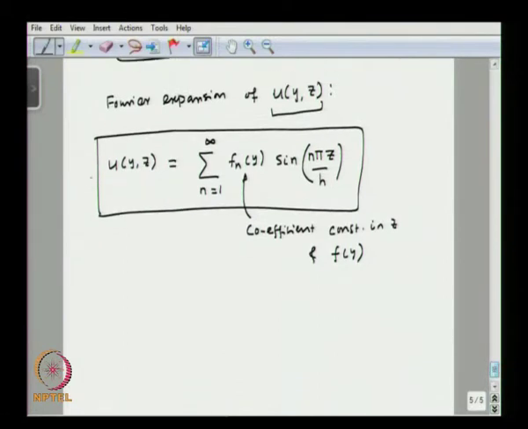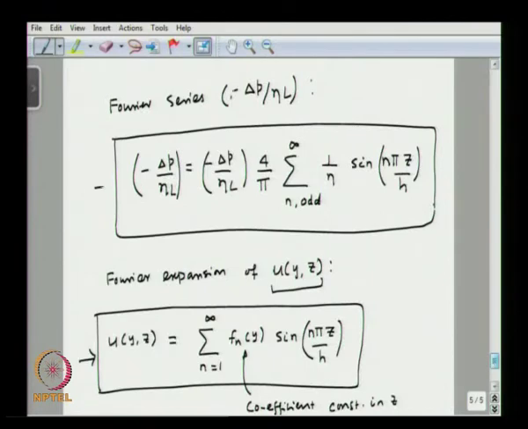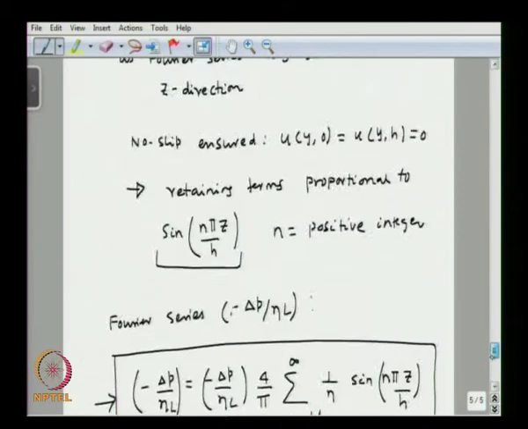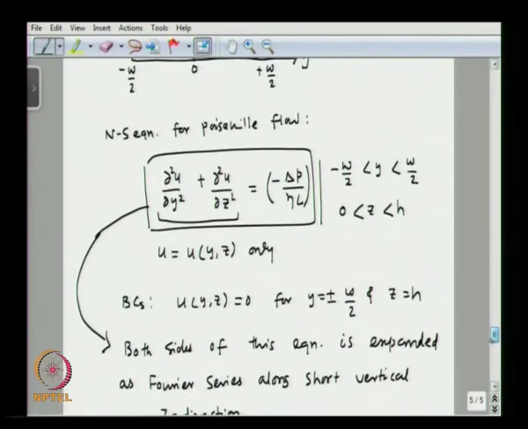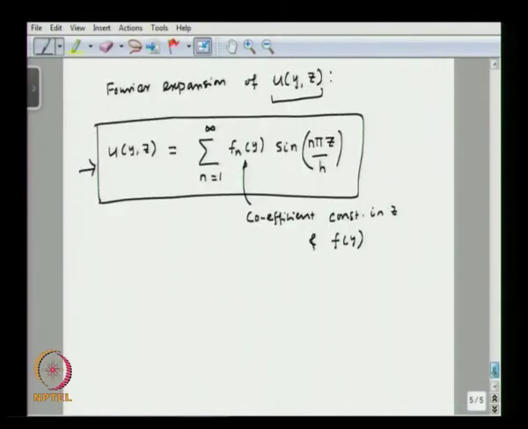Now, if you substitute this and this in this equation, let us call it equation 1, what we would get is del square u over del y square plus del square u over del z square.